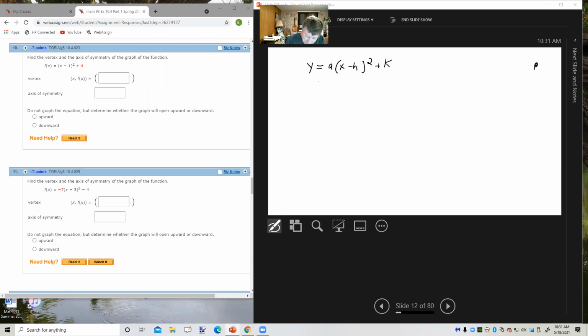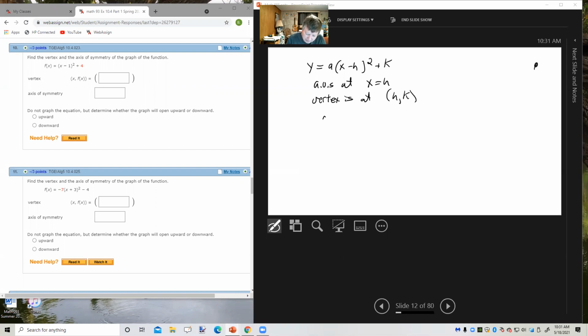From that, we get the axis of symmetry, and it is at x equals h. Now, I mentioned this yesterday, but some of you still aren't getting it. When it asks for the axis of symmetry, it's an equation. You have to put in x equals whatever that h value is, not just the h value, as we'll look at here in a minute.